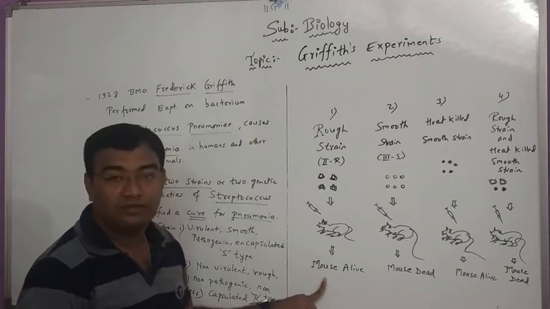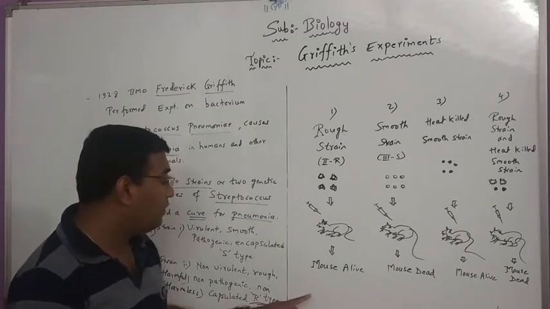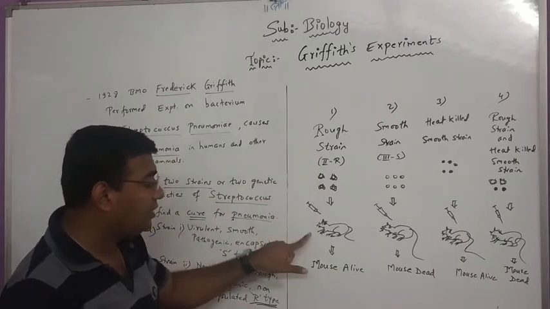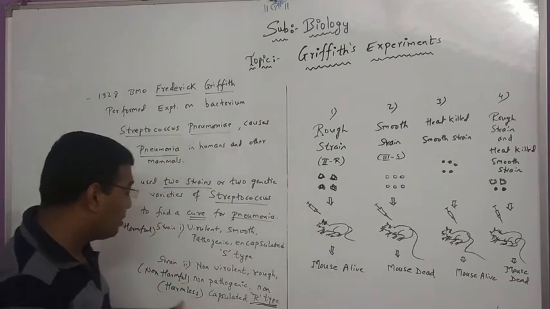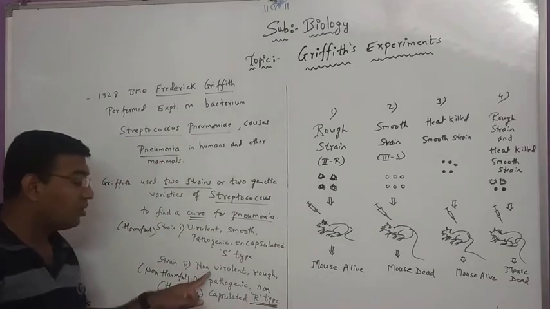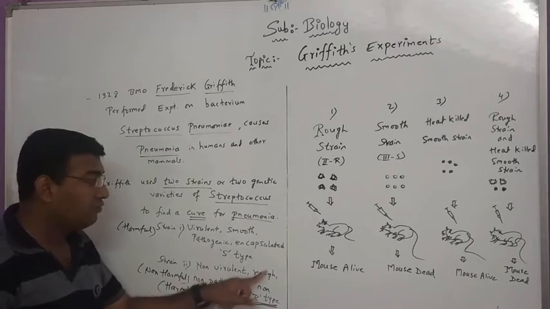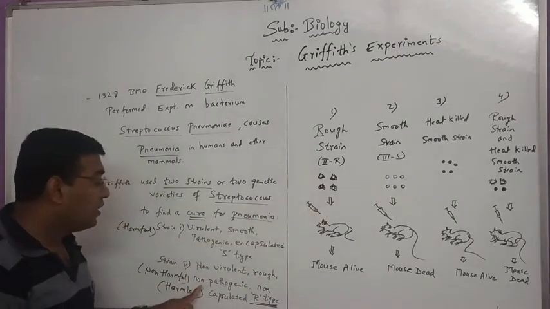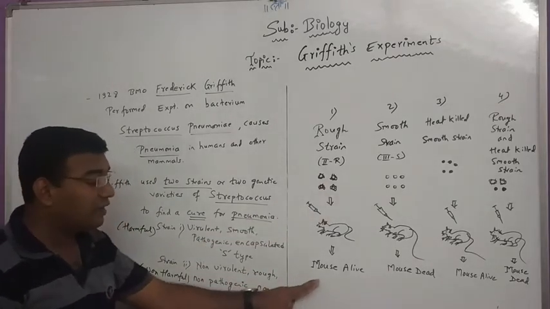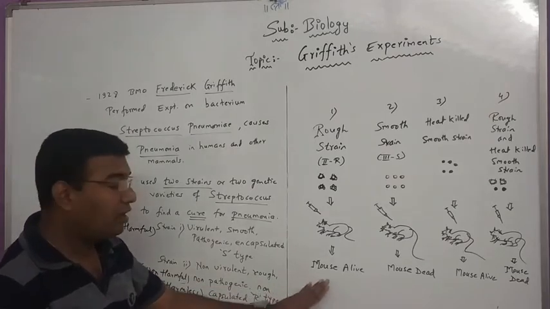The mouse was alive. Why? Because it was a harmless strain, non-virulent, rough on the outer structure, and non-pathogenic. That's why the mouse survived.